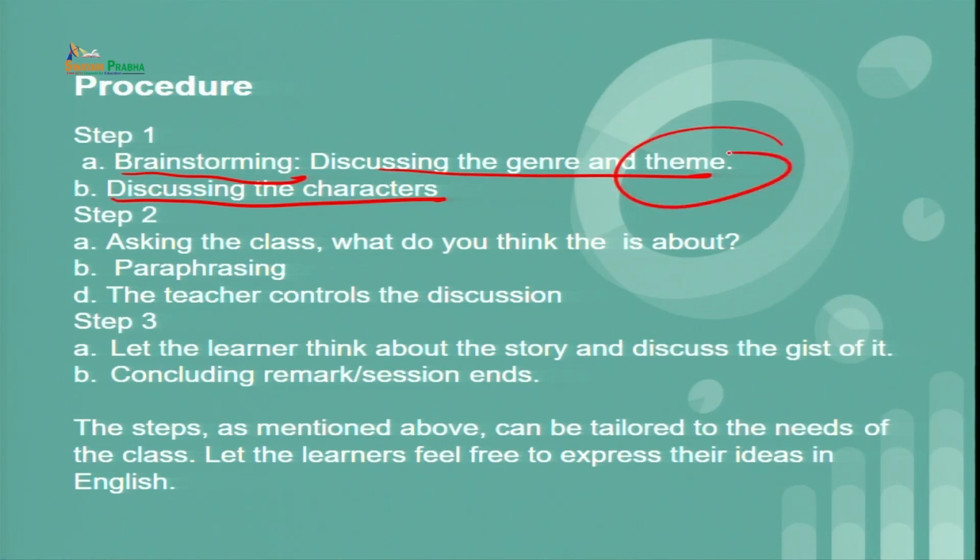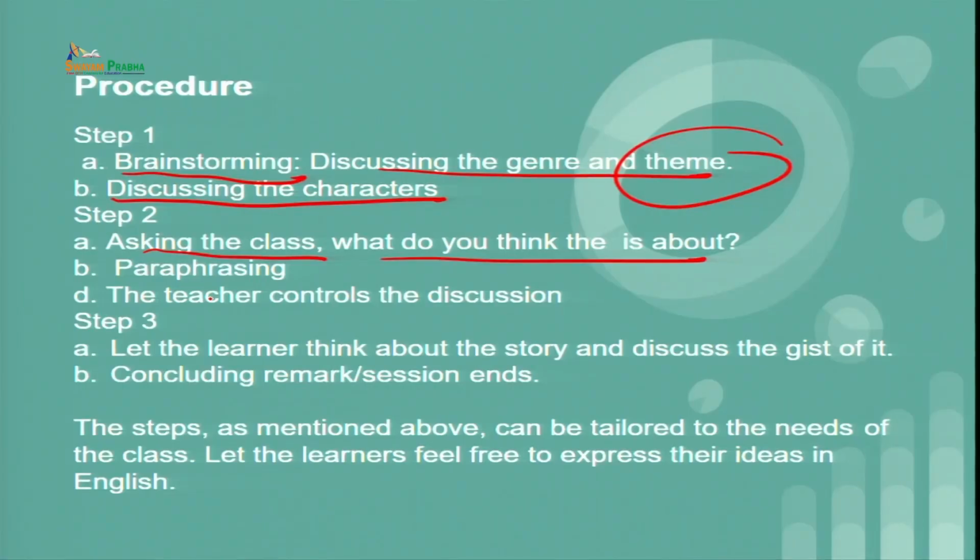The other step includes asking the class, what do you think this particular genre is about? What theme do you expect or predict? Then you can go on explaining each and every line by rewording it, paraphrasing it, and bringing the text close to the learners.